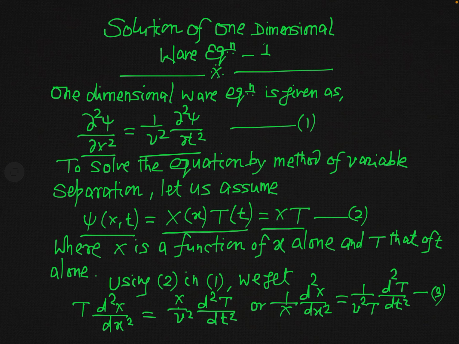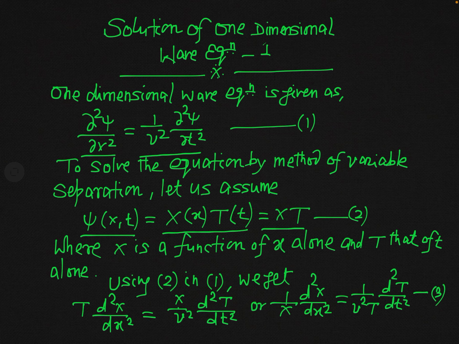As capital X is only a function of small x and capital T is only a function of small t, X and T are functions of only one variable. And when a function is a function of only one variable, there is no difference between ordinary differentiation and partial differentiation. So I have used the symbol d dx instead of del x.